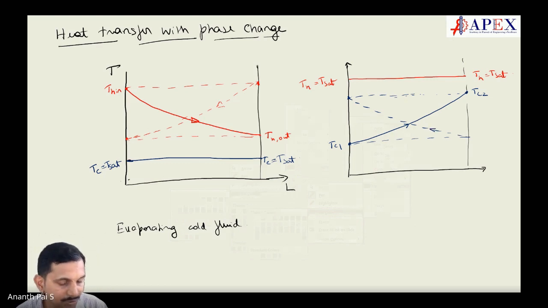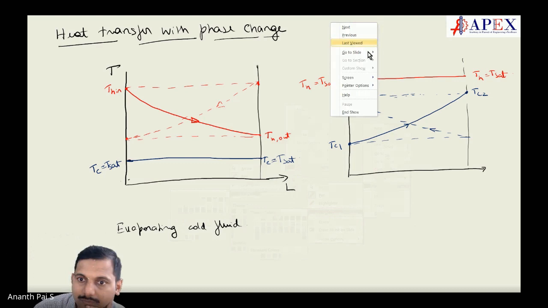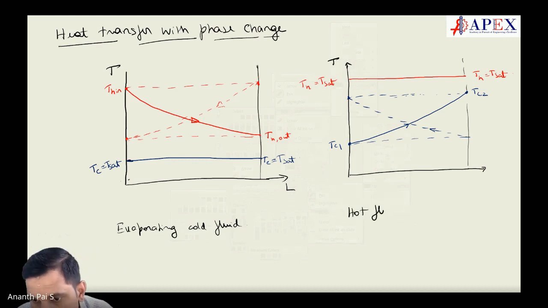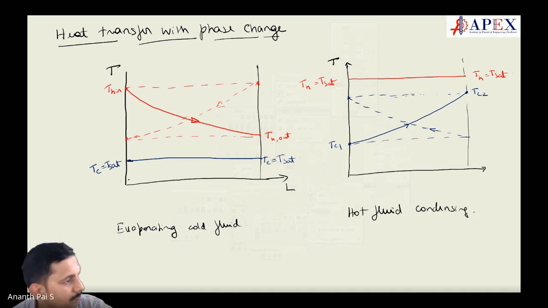Both directions. Fine. This is the T axis. This is the temperature axis. Here, hot fluid condensing. Correct. Both cases.